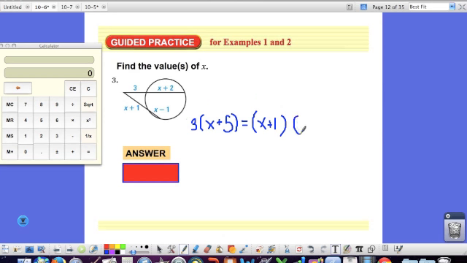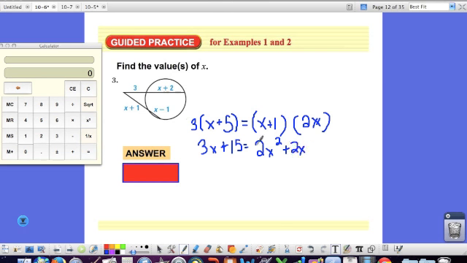So that's x plus x is 2x. Positive 1 and negative 1 is 0. So 3 times x is 3x. 3 times 5 is 15. x times 2x is 2x squared. 2x times 1 is 2x.